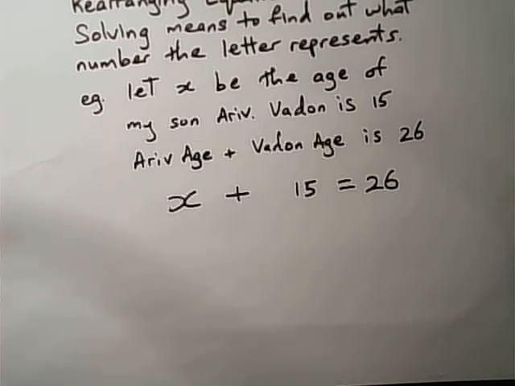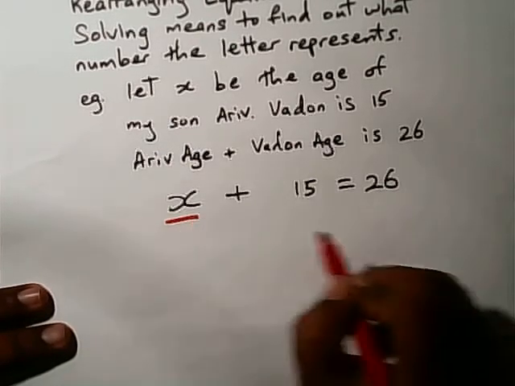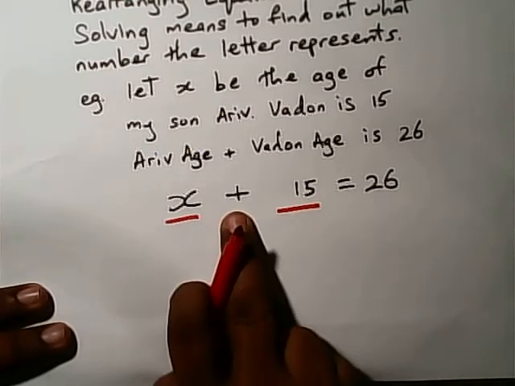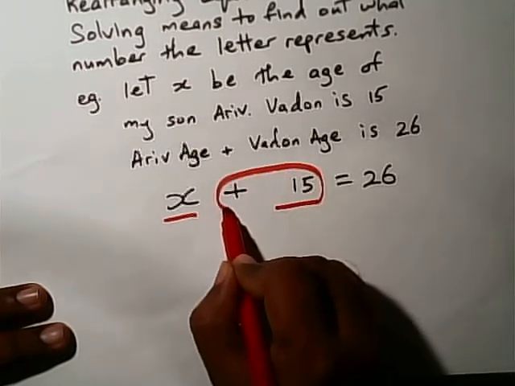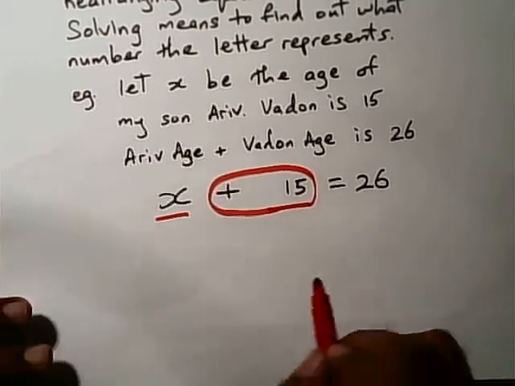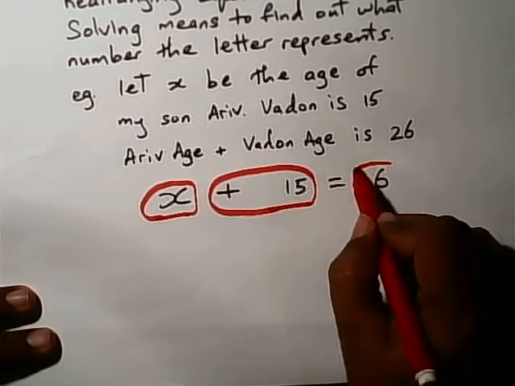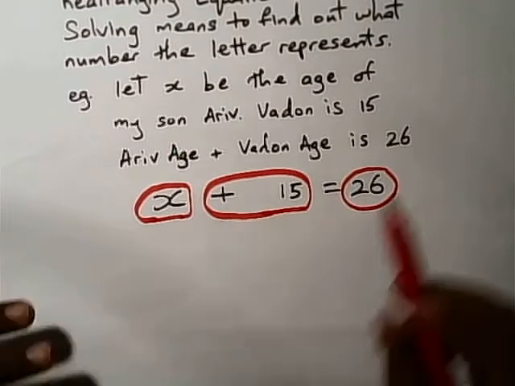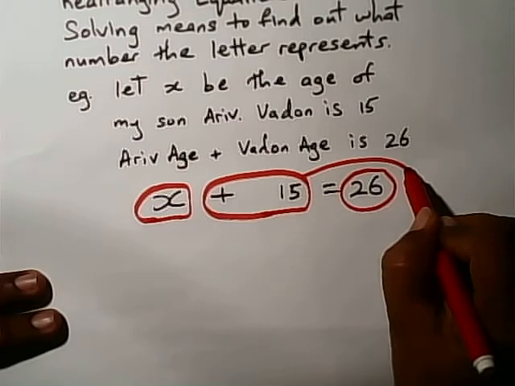The method we're going to be using is called moving terms. Here's one term and this is another term. That plus belongs to the 15, because every term has a sign in front of it. The method is moving a term across the equal sign.